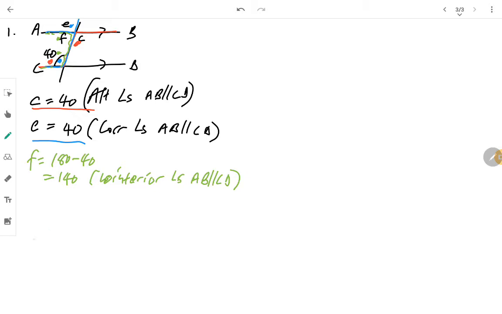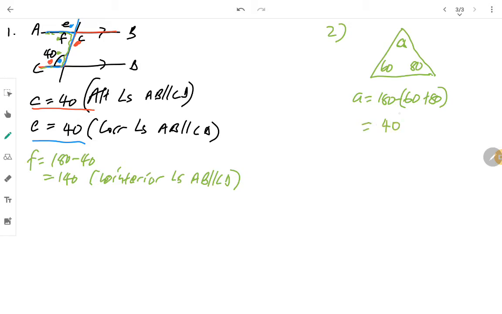Okay, then example number 2. 60, 80. So I want you to calculate the angle A. We know that A is equal to 180 minus (60 plus 80), which is 40 degrees.